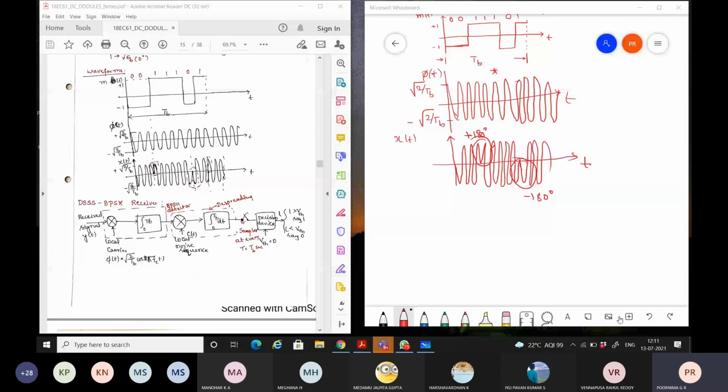This decision device will have a threshold value equal to 0, and the output of this decision device we will consider as L. Based on the L value, the decision device will decide in favor of symbol 0 or symbol 1.